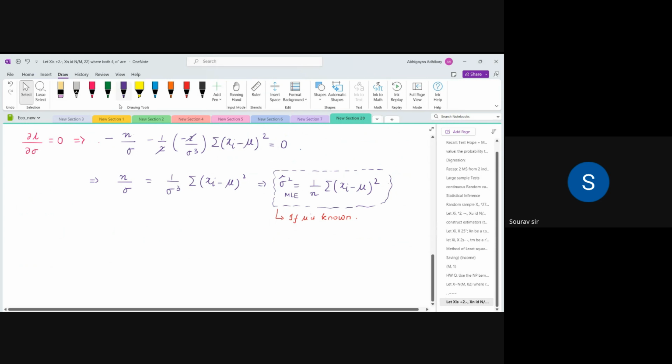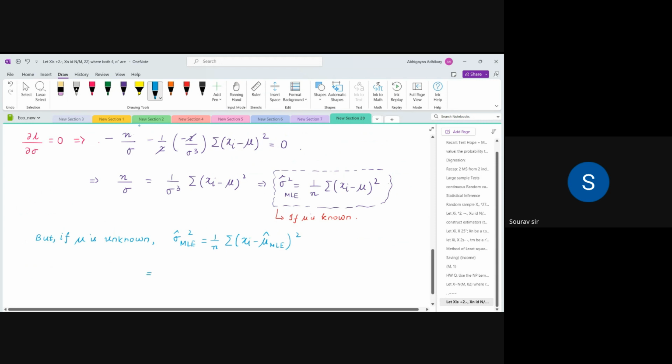So that means, but if mu is unknown, then what will we do? We will replace mu by its maximum likelihood estimate that we have already found out.